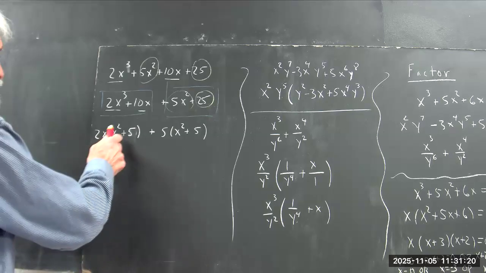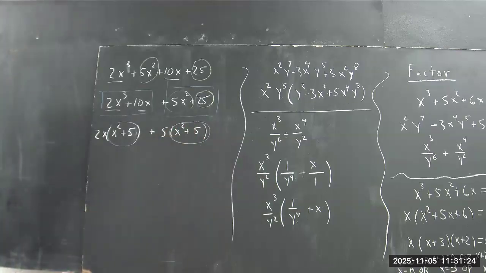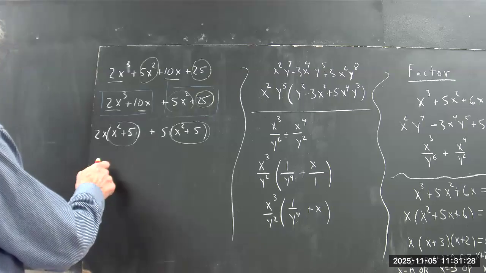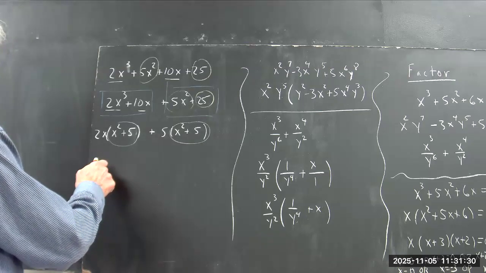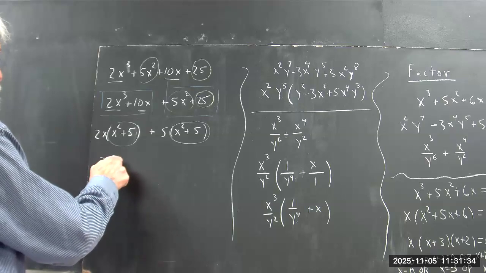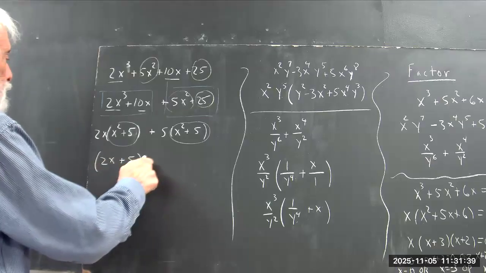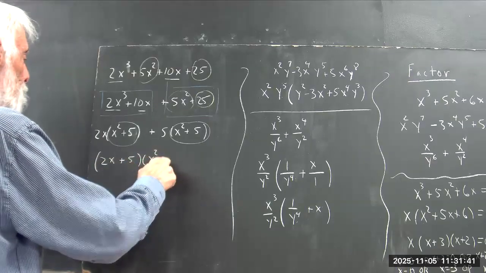Okay. We can factor out an x squared plus 5. Okay. So we can make this as... I'll write it this way just to make it as confusing as possible.